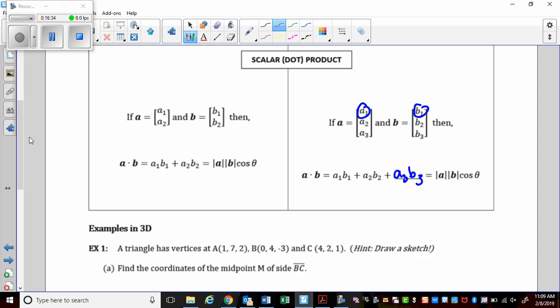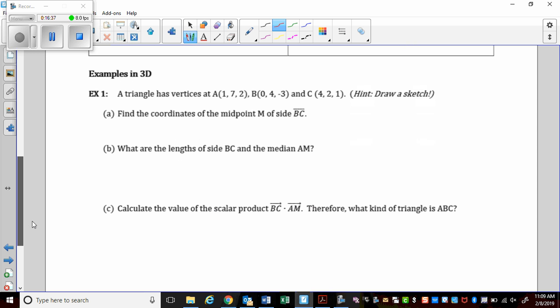Alrighty guys, so let's try an example in 3D. It says find the coordinates of the midpoint of side BC. So remember our midpoint, put mid or something because M is slope.